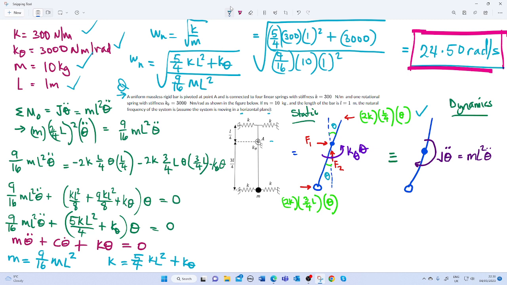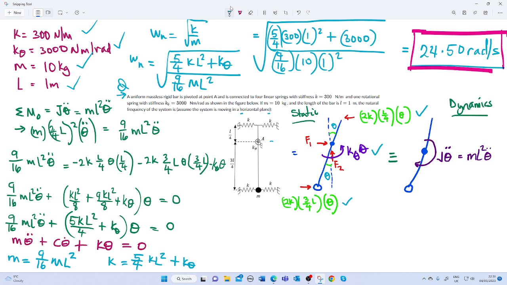That gives us 2K times 3 over 4 L times theta. Now, let us not forget that the rotational spring also has a rotation. So K theta will be multiplied by the angle of rotation, so that becomes K theta times theta.